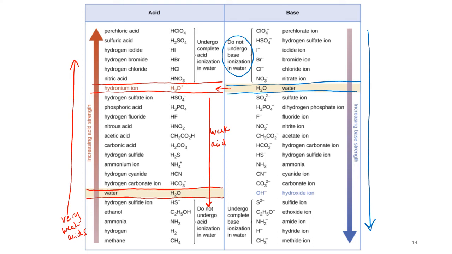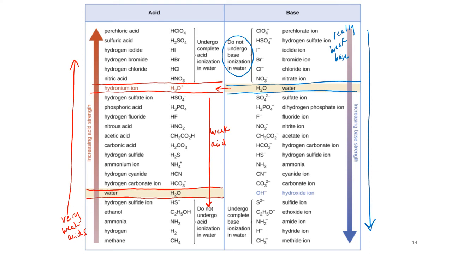So the conjugate bases of strong acids are really weak bases. They're so weak that if they're in water, they don't react with the water and go back to form acid. So that's why with strong acids, they undergo ionization completely. So conjugate bases of strong acids are very, very weak bases.